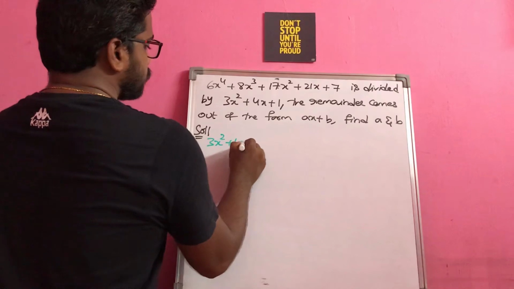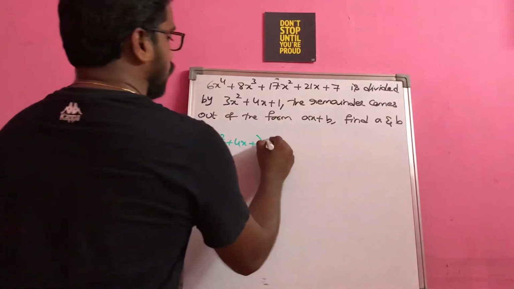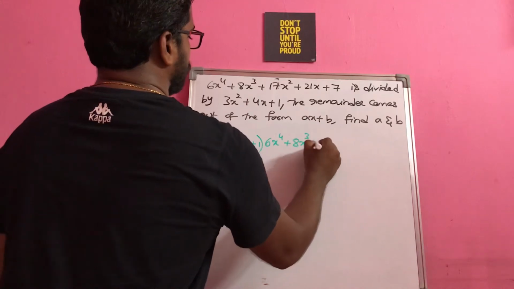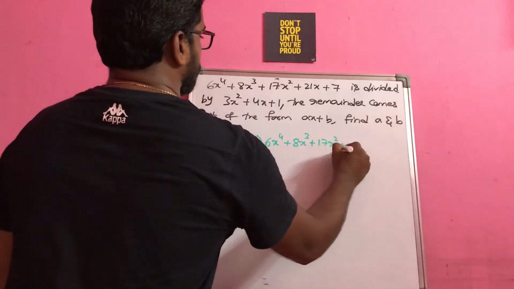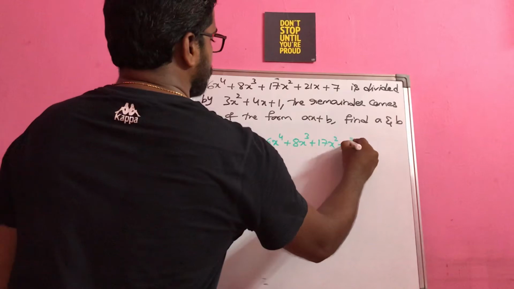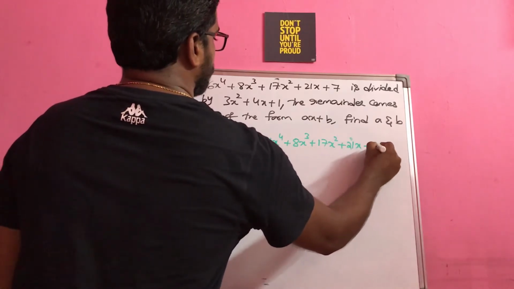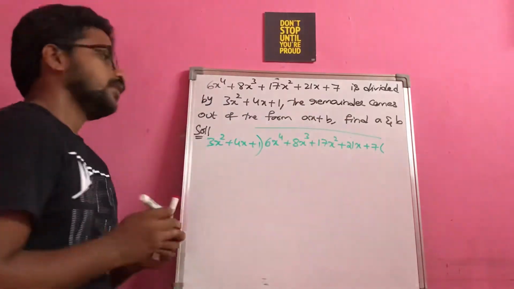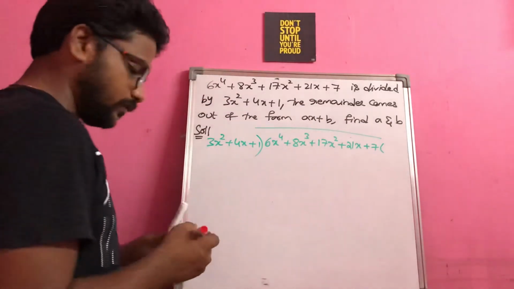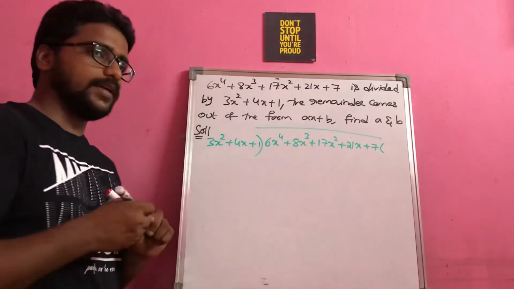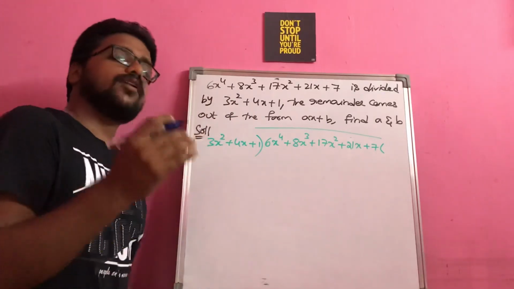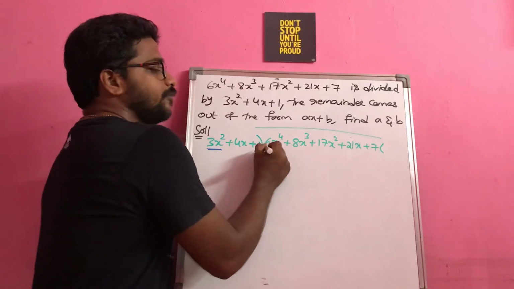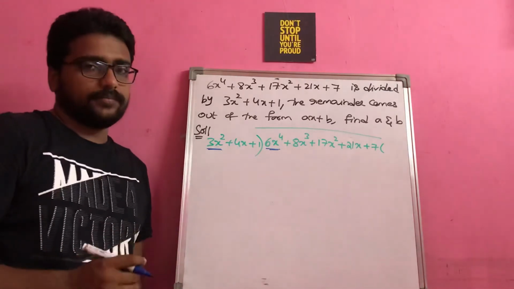3x square plus 4x plus 1, 6x power 4, 8x cube, 17x square, 21x, and then plus 7. Right, let us write the quotient here. We know how to do the long division. The basic thing you have to think is, at every level of division, always think of the first term in the divisor and the first term in the dividend.